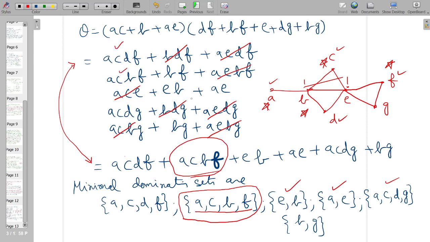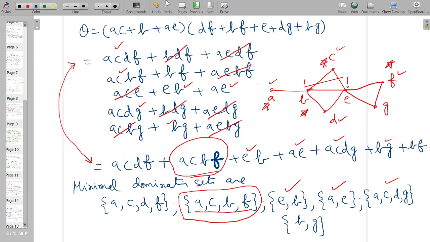EB I have written here. AE I have written here. ACDG I have written, and then I have written BG. You can see that I have missed this plus BF, so I will add here plus BF.